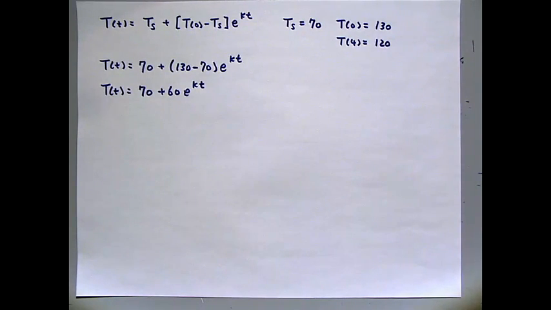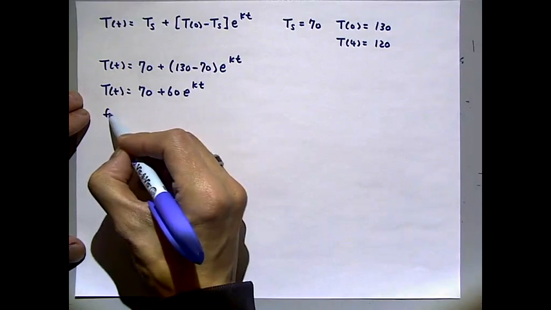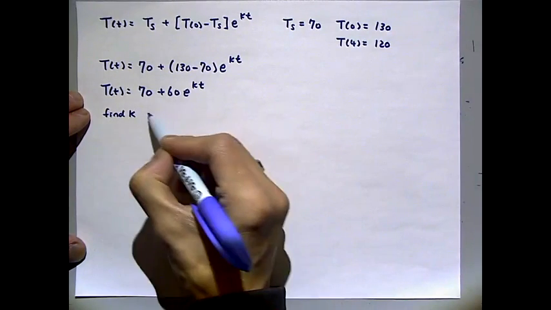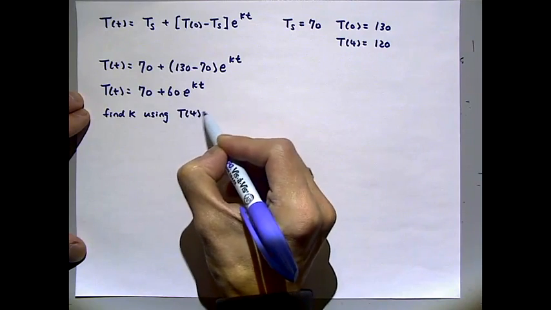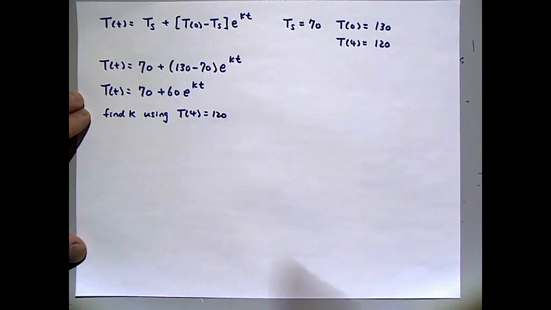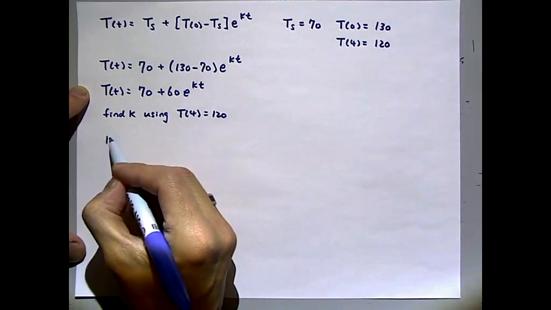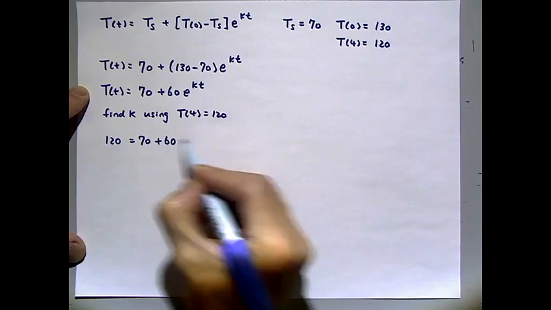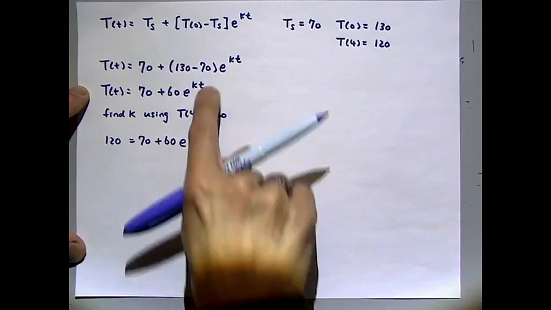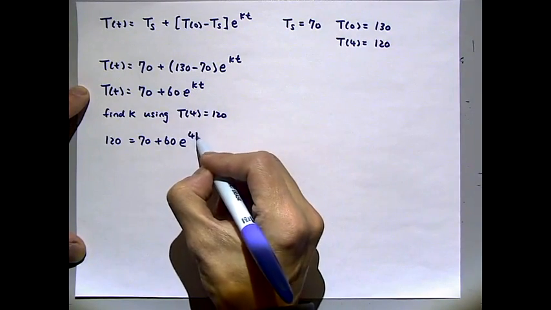Okay, now we find K using the information that 4 minutes later, temperature is 120. That's the future temperature, goes on the left. Took 4 minutes, so K times 4, or 4K.